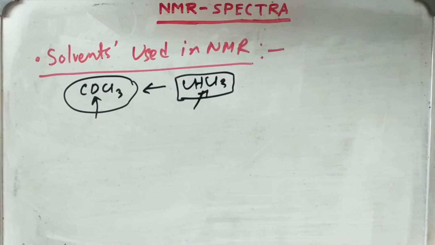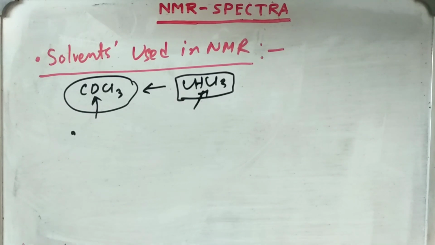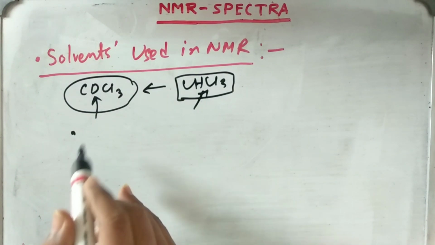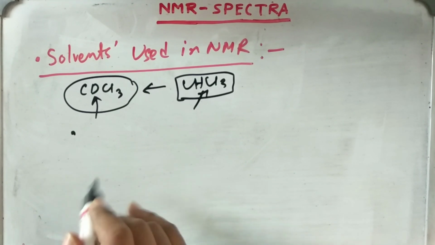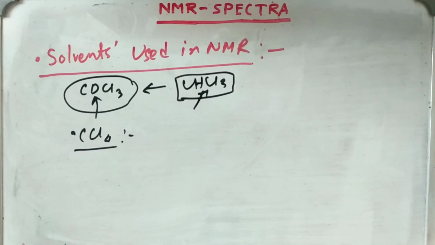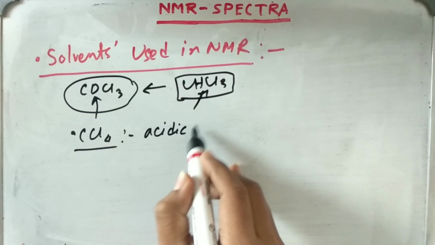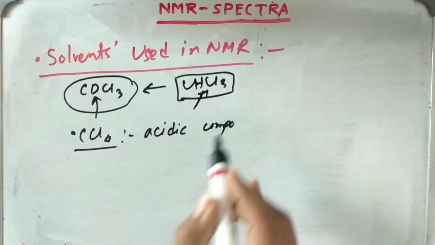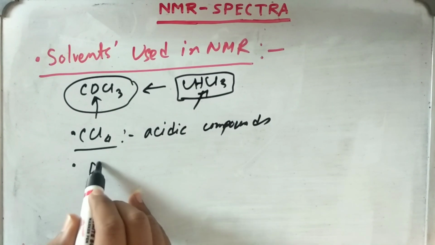Some other solvents are of course present, and they vary when you are considering different kinds of systems. For acidic samples, we need to dissolve the sample in CCl4, carbon tetrachloride. CCl4 is used for acidic compounds or acid sensitive compounds. Next is DMSO.